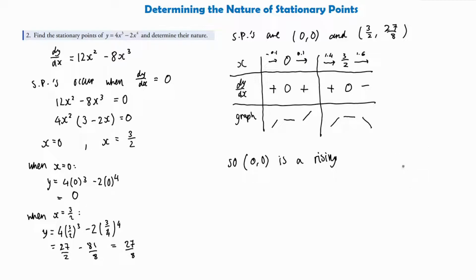So it's going to say it's a rising point of inflection. And the coordinate 3 over 2, 27 over 8 is a maximum turning point.